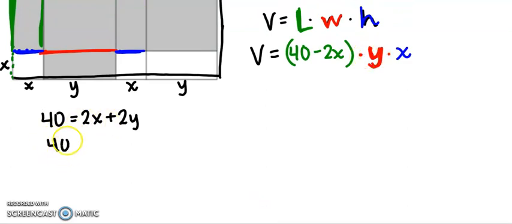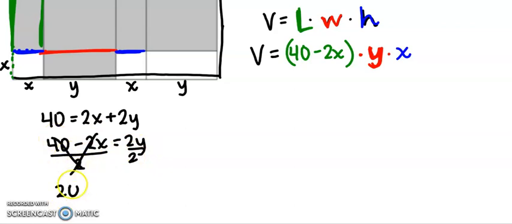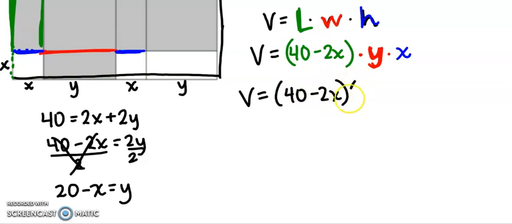So I'm going to subtract 2x, and I'm going to divide by 2. So I end up with 20 minus x is equal to y. And this also makes sense if you think about the fact that when you fold your box up, you're going to have half, 20, of the paper left to work with as one of your dimensions.